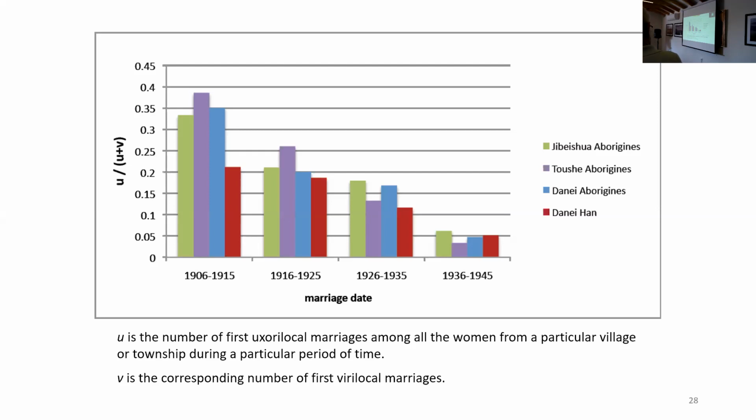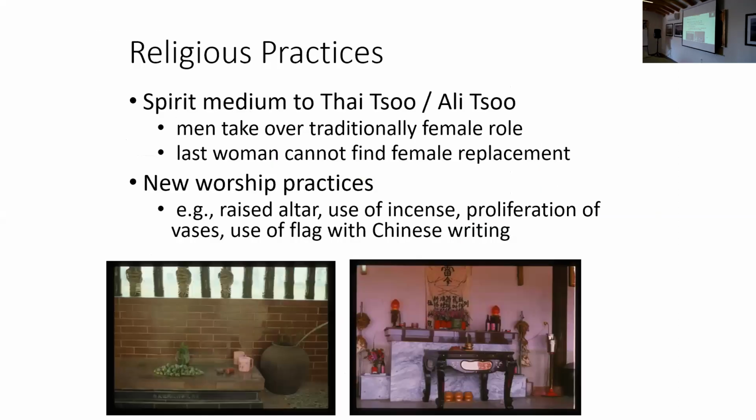Over the next 30 years, we see that there's a cultural drop in the fraction of local marriages, drops almost to a few percent. And the correlation seems to be inescapable that the banning of foot binding had to do with this change of the marriage customs. We can't find any other correlates, except I'm going to show you a few things that happened alongside this.